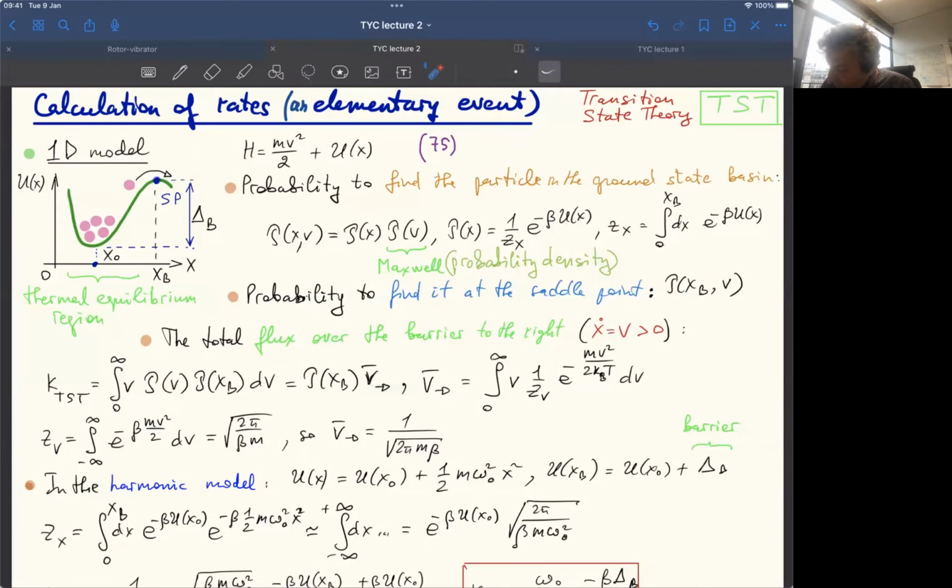But if you stretch it too much, you will break the bond, and you will have these two, A and B, separate. So the energy here reaches a maximum, and then the energy goes down again. So this would be the energy barrier for the dissociation of that molecule. Let's try to work out what is the transition rate from here to here.